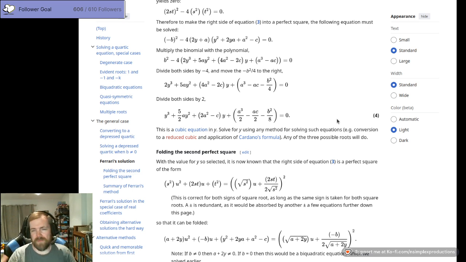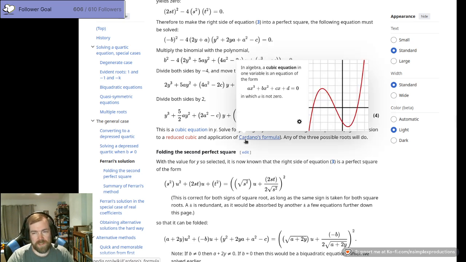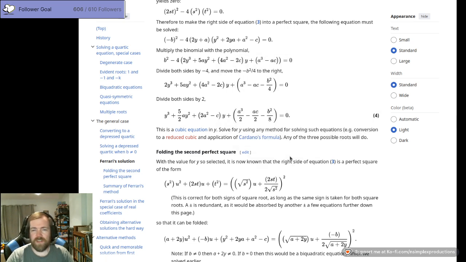And so Cardano ended up breaking his promise and saying, Ferrari, you can use this particular solution to the cubic equation in order to solve your quartic equation. You need to be able to publish this yourself.